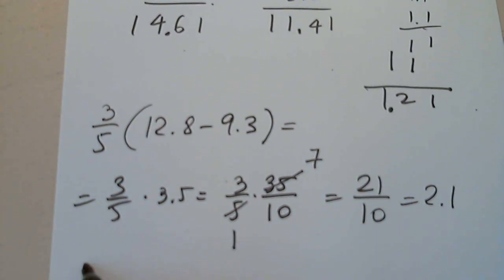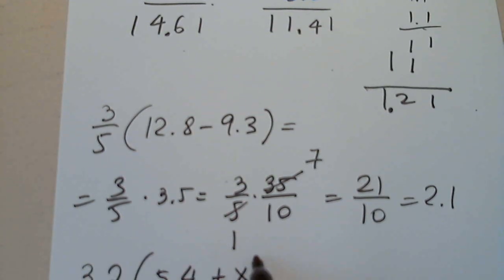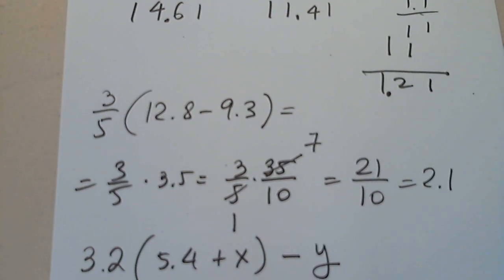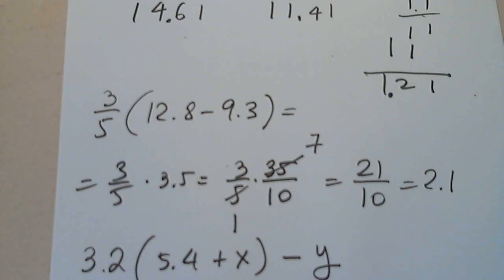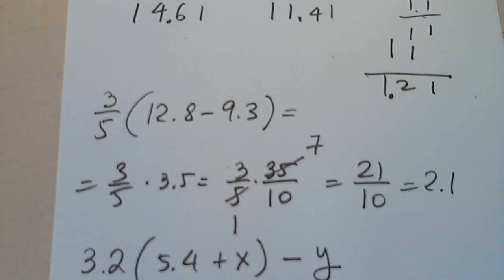Okay, we have now an expression, 3.2 times 5.4 plus x, and then outside minus y. We are told evaluate for x equals negative 1.4 and y equals 5.8.